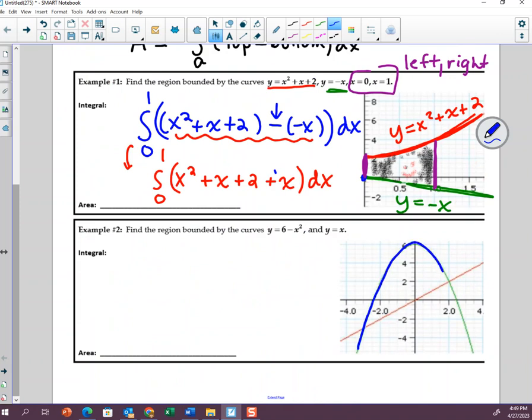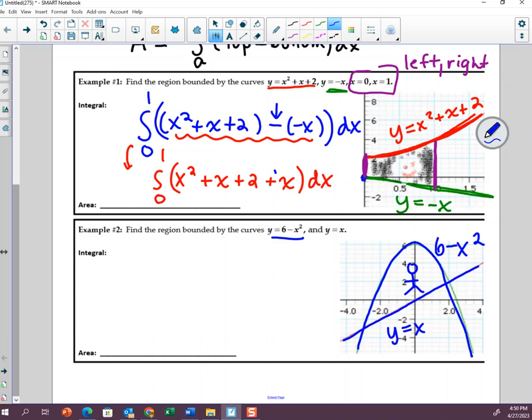This time, this guy, 6 minus x squared, appears to be the top, and y equals x appears to be the bottom, because if we were standing on the x-axis, standing straight like the y-axis, 6 minus x squared would be above our head.